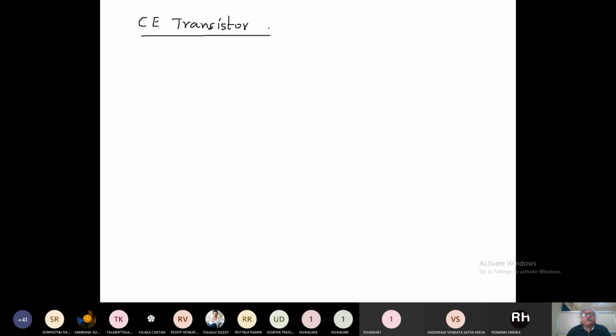The H parameter model analysis of common emitter transistor, right?